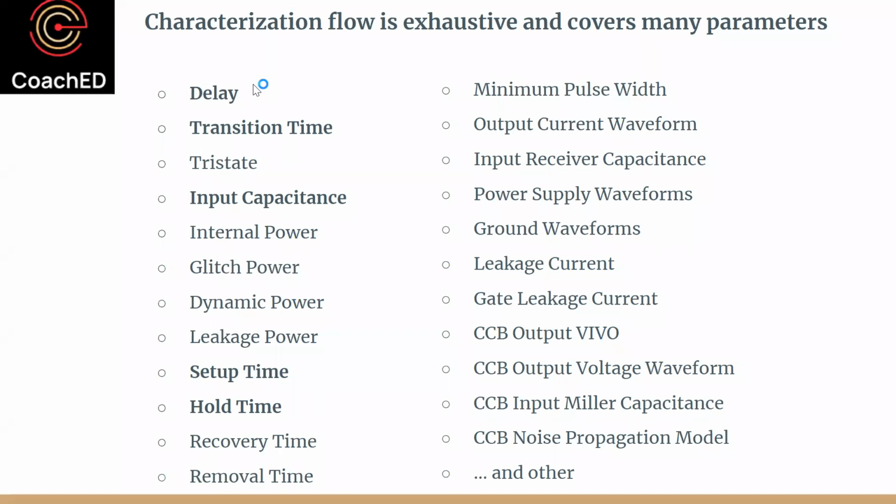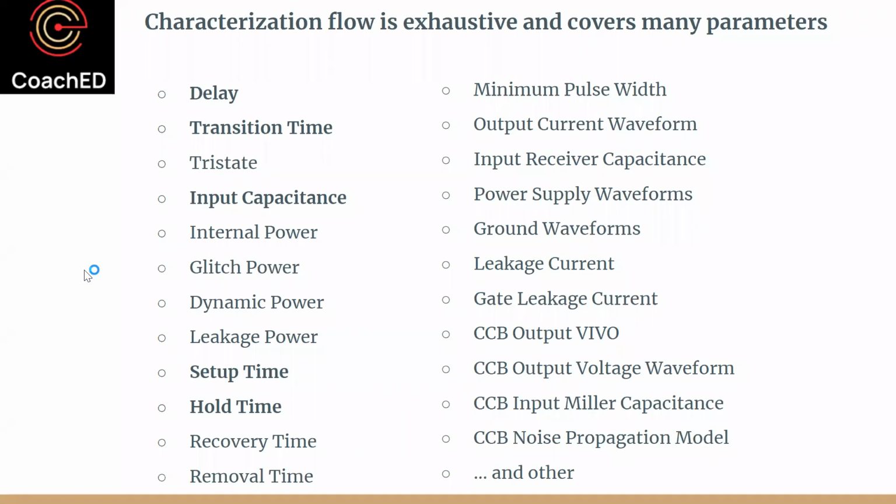We'll just focus on the main, simpler aspects which I think we can discuss in these sessions, primarily the ones which I have shown in bold: delay, transition time, input capacitance, setup and hold times, and so on.